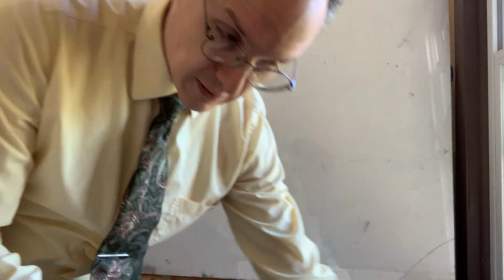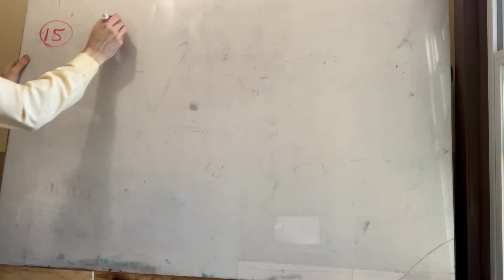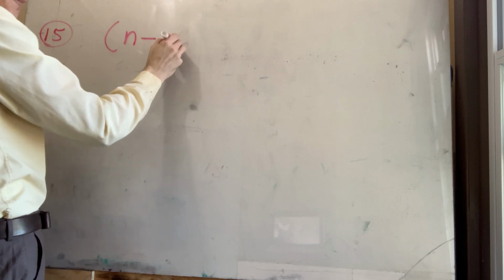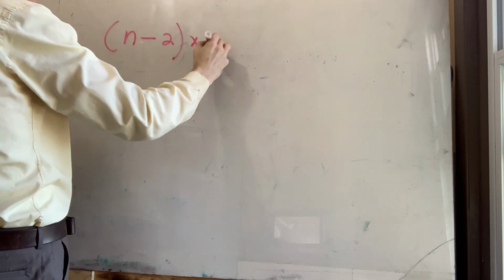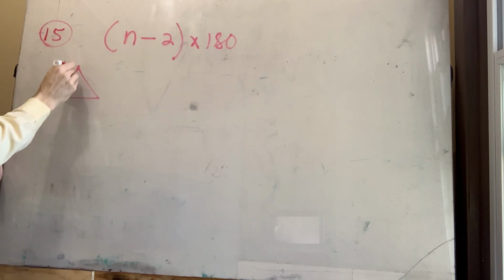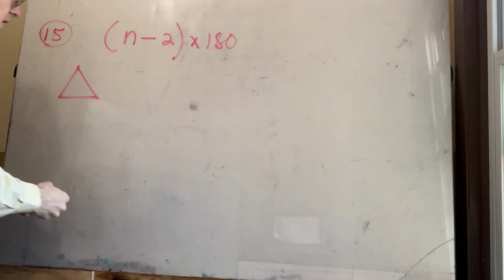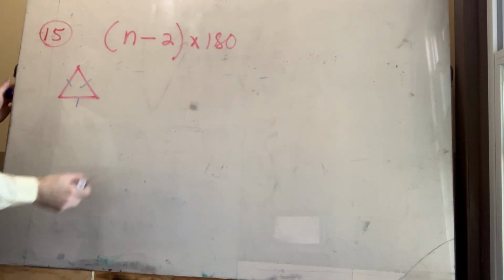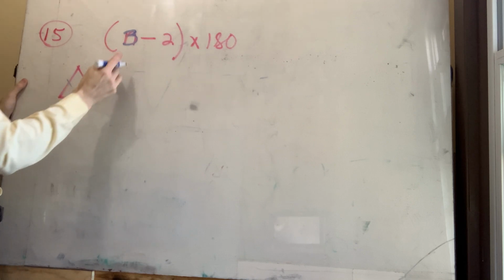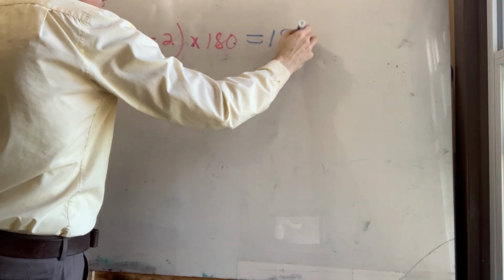The total number of degrees of a triangle is kind of a fun fact that a person should know. But if you didn't, and you somehow knew this formula instead, you could calculate that. Right? A triangle has how many sides by definition? Any type of triangle. 1, 2, 3. So if you inserted 3 in place of n, 3 minus 2 is 1. 1 times 180 is 180 degrees.